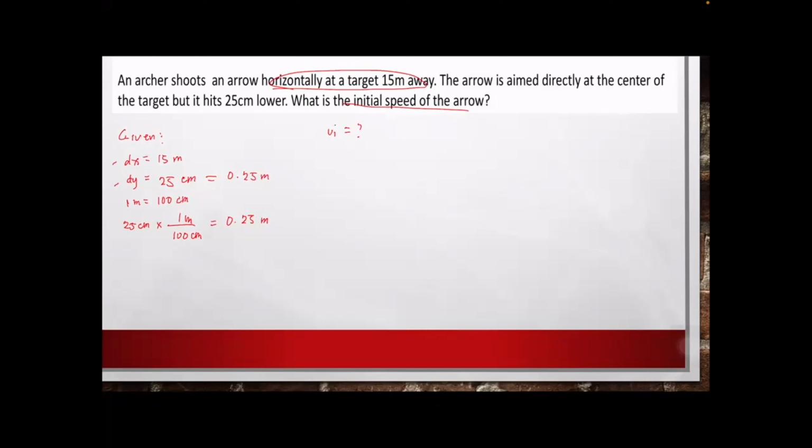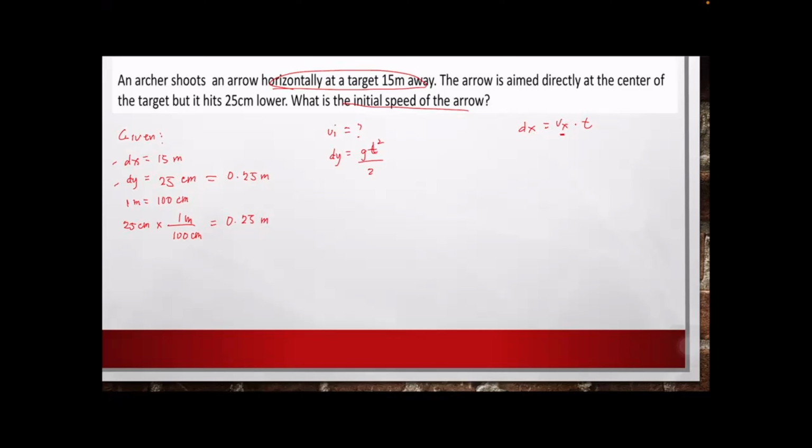If we use dx is equal to bx times t, ito yung kailangan natin, the bx, pero wala tayong time. So, if we use dy is equal to g t squared over 2, makakakuha tayo ng time dito.